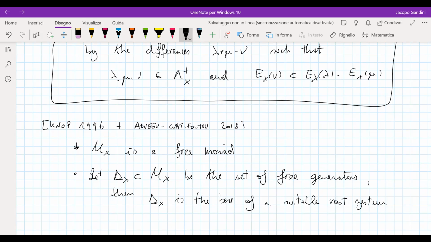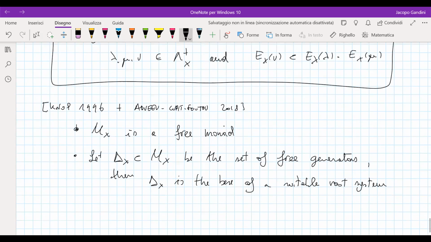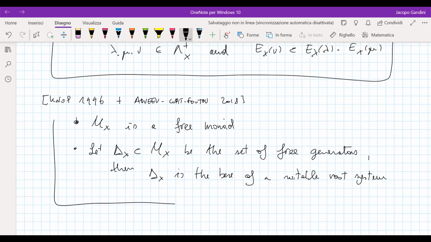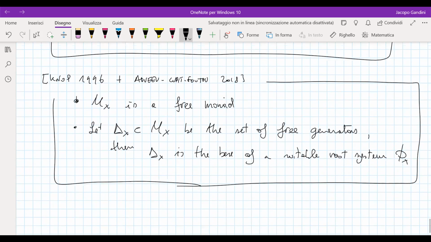Of course, all of this is with respect to the pairing inside the weight lattice, which is phi_X. But of course, the definition is much less direct than what we had in the symmetric case.